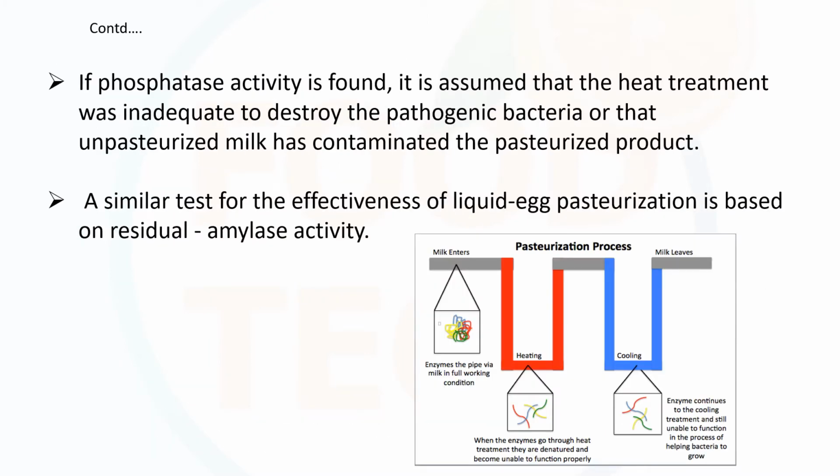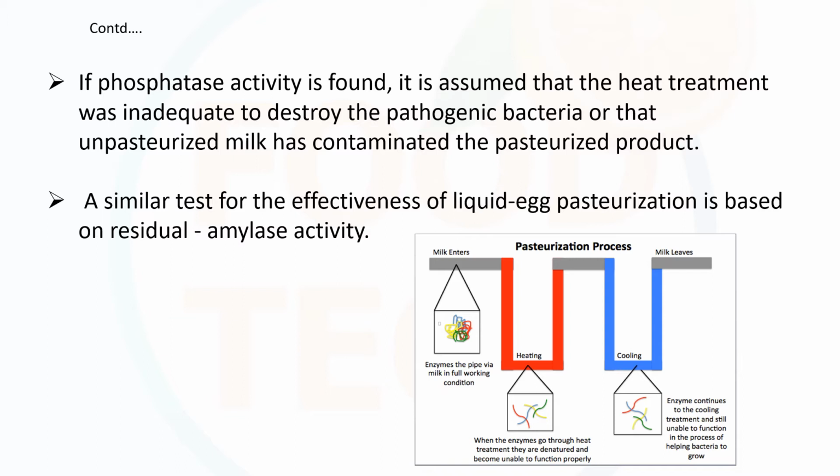If phosphatase activity is found in milk or in fruit juice, it means the heat treatment was inadequate to destroy the pathogenic bacteria, or that unpasteurized milk has contaminated the pasteurized product.